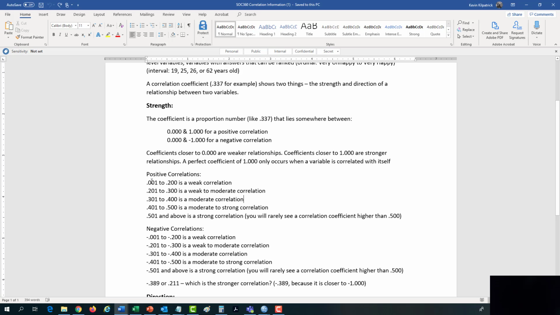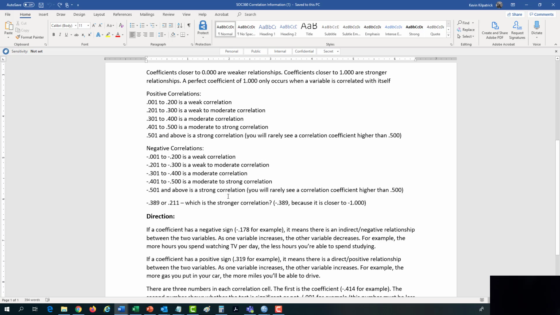Negative correlations are pretty much the same thing, but they all have negative signs in front of them. 0.001 to 0.200, what is that? Yeah, right? That's a weak correlation. 0.201 to 0.300, weak to moderate, and on and on.